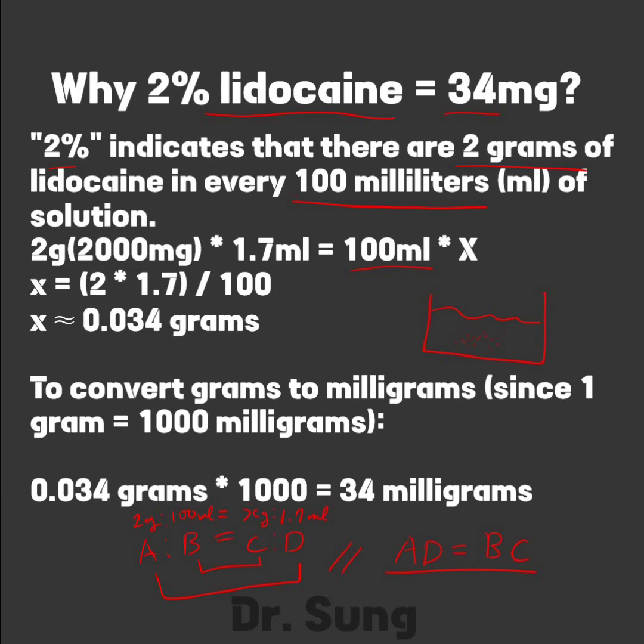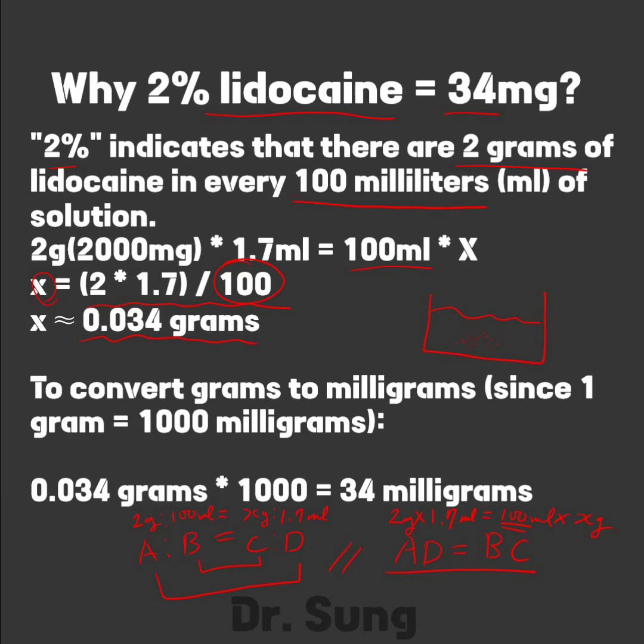If you multiply A and D, 2 gram times 1.7 milliliter equals 100 milliliter times X gram, right? Then you will come up with this. So if you calculate it, X has a 100, so you are dividing it by 100 here.